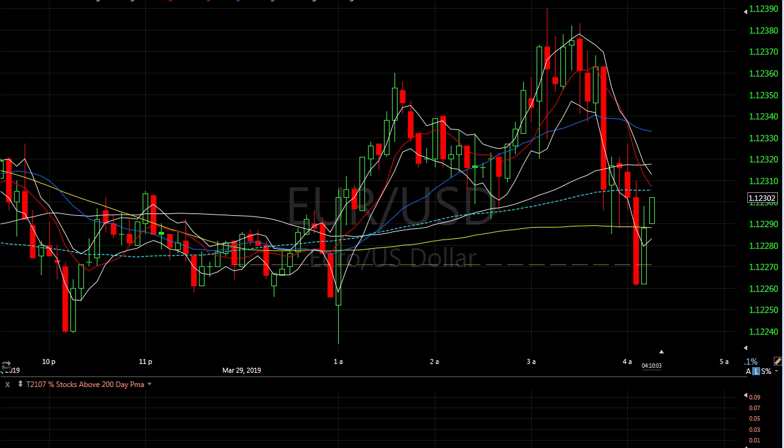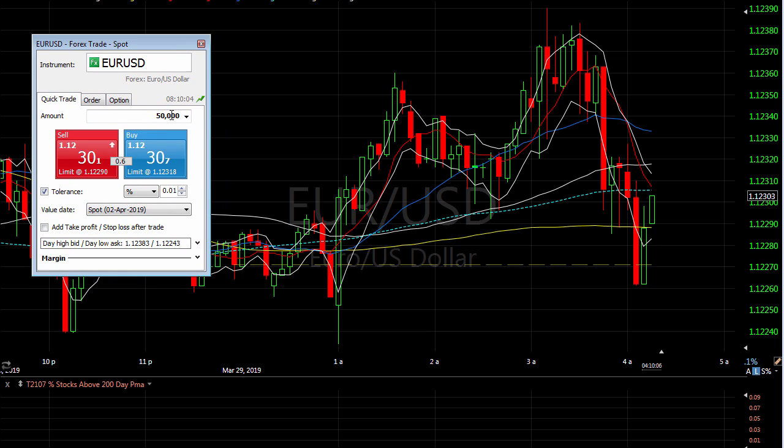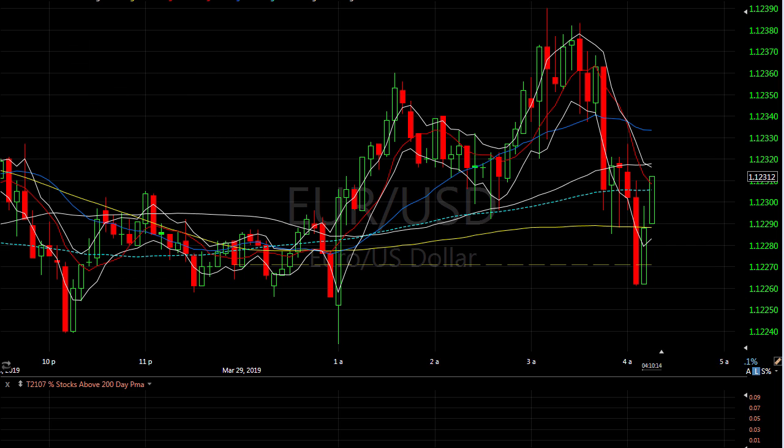So here we go. Let's get a couple of units in here. So 1, 2. Did I get 2 there? Yeah, I did. Okay, 3 units in there on the euro dollar. So 3 units in with a stop at the lows, which are down at 112.12.